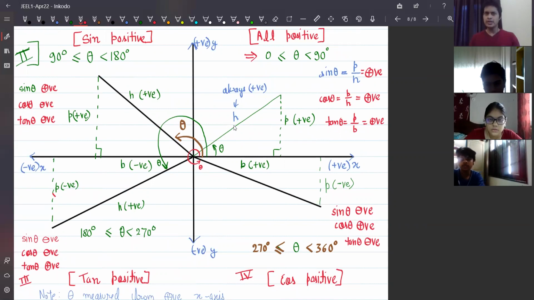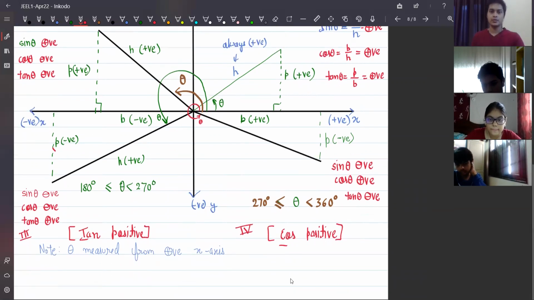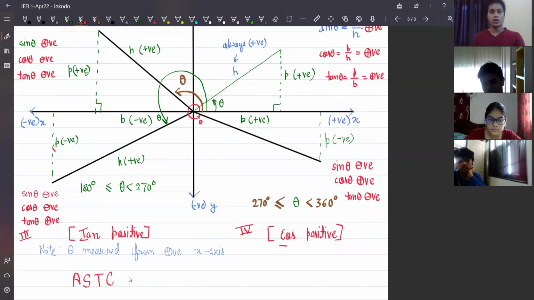So if you have to memorize, you just remember that all positive, sine positive, tan positive, cos positive. For short, we can write ASTC, all silver teacups for short. No need to go through all the process.